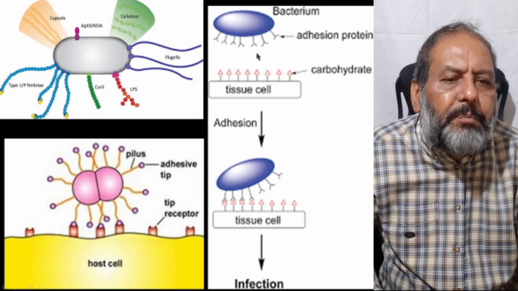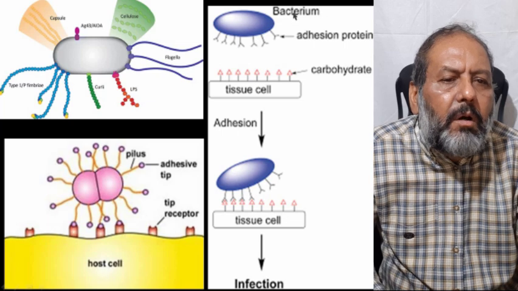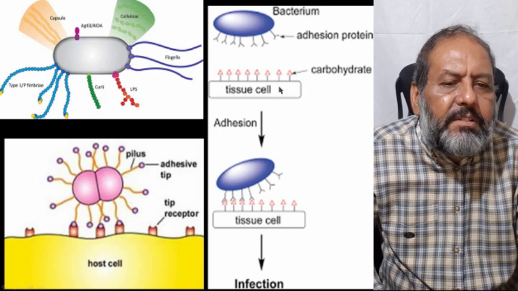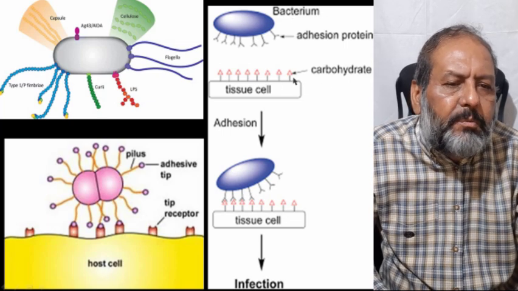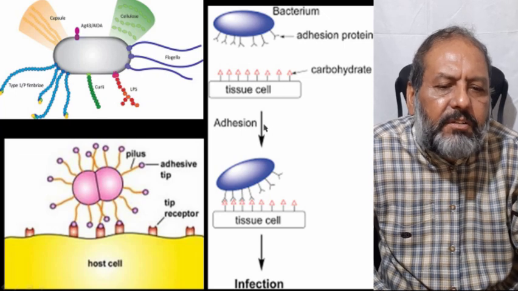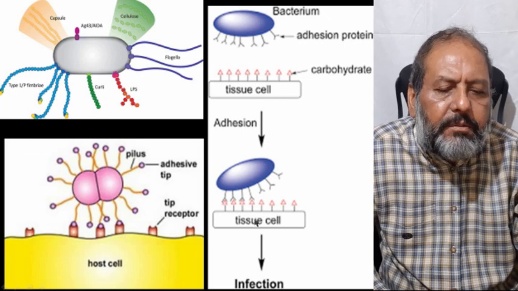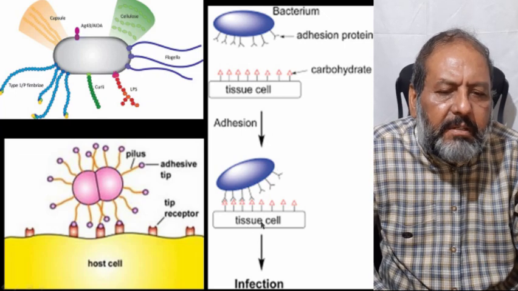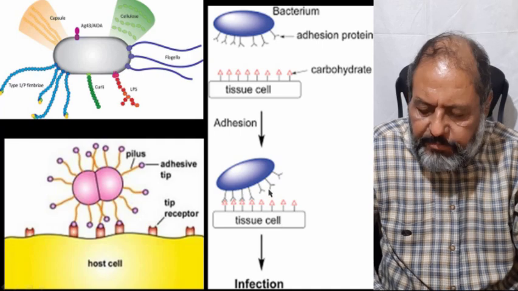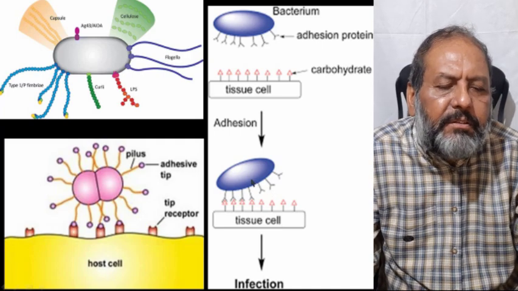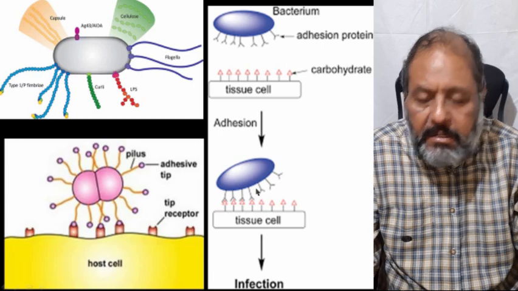Similarly, adherent proteins of the bacteria just attach to the carbohydrates of the tissue cells, and this adhesion causes the infection as the tissue cells are being invaded by these bacteria by the adhesins.